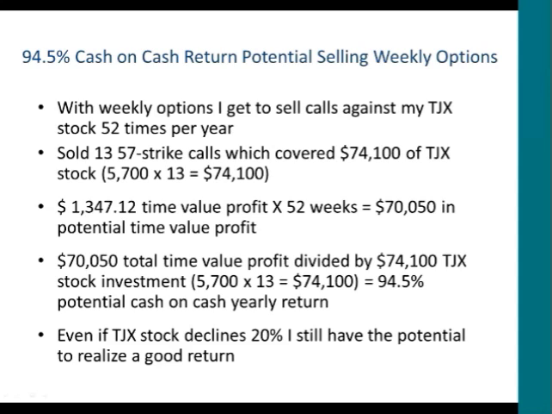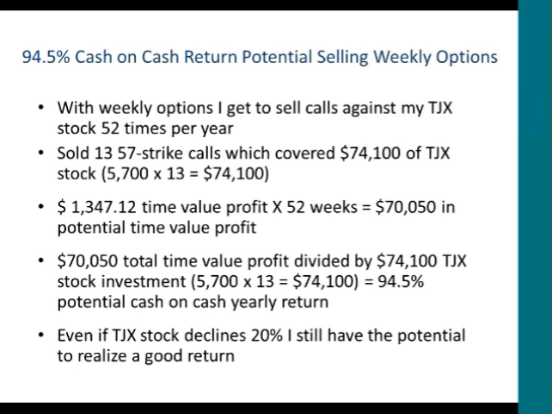We'll take that $1,347 that I collected, and if you multiply that by 52, I have the potential to collect over $70,000 in time premium over the course of a year. And if I divide that $70,000 by the amount of stock it covered, roughly $74,000, you can see I'm going to get a cash-on-cash return from selling that premium of about 94% over the course of a year.